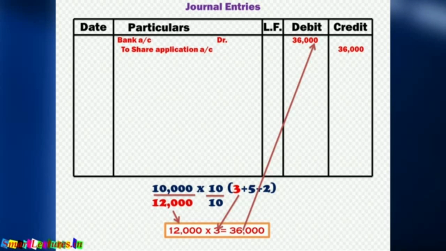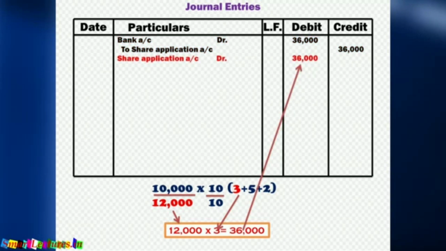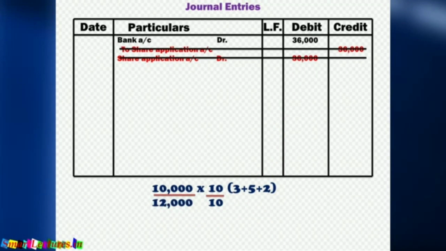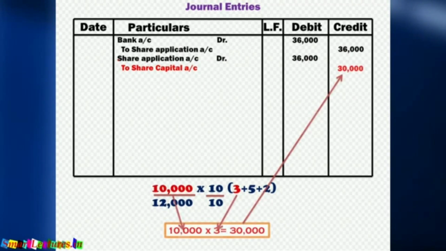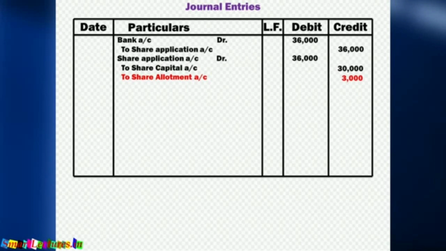Now it must be debited by 36,000 rupees. To share capital, rupees 30,000, of course 10,000 into 3. To share allotment, this is advance money, rupees 3,000. You can look at the table. And then to bank account, rupees 3,000. Whenever there is rejection in the allotment, the money is returned and bank account is credited. That's what we have done.